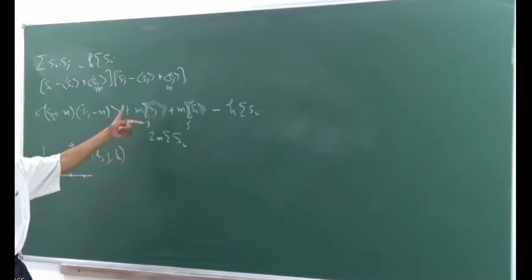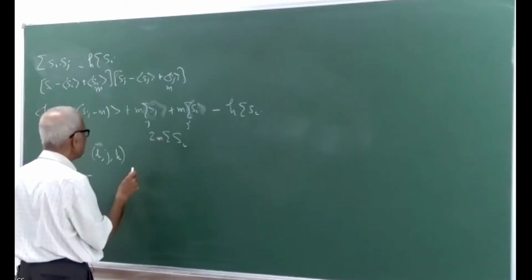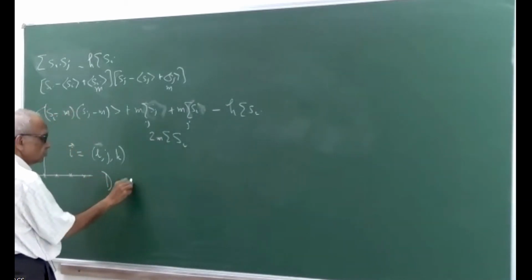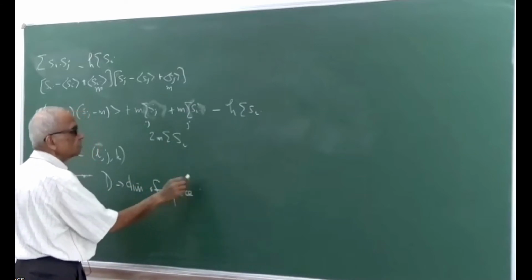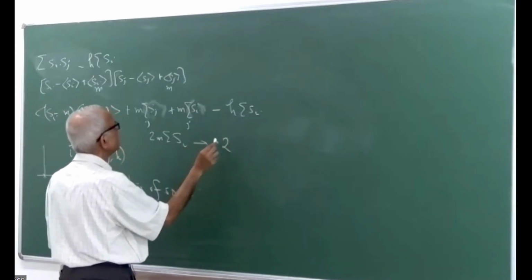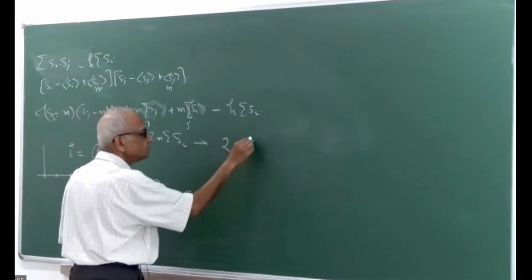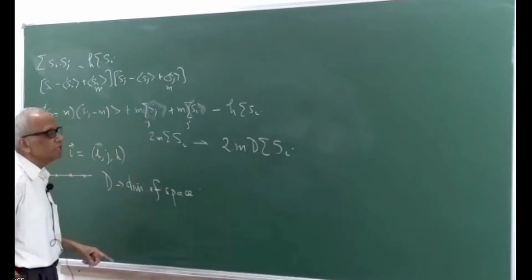But I have to add in the fact that there is this dimensionality, and if d is the dimension of space, then this has to actually go to 2Md times Si. There should have been a d.